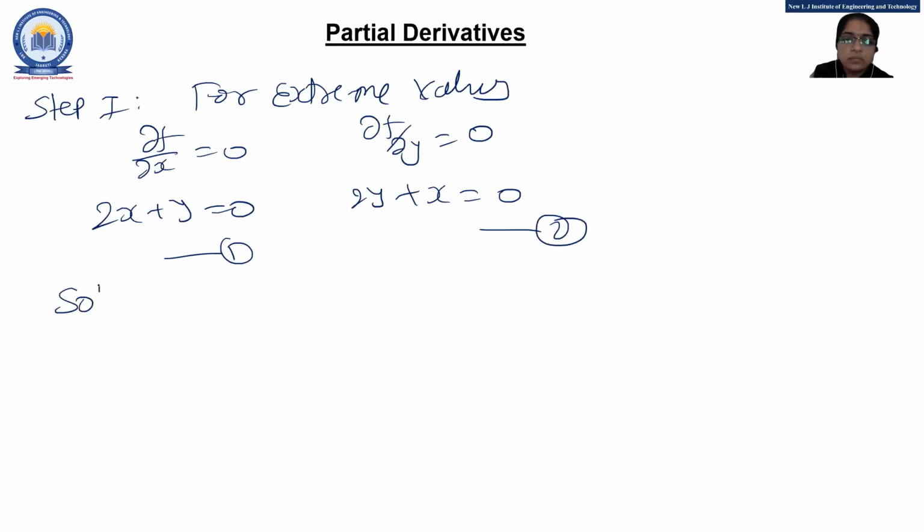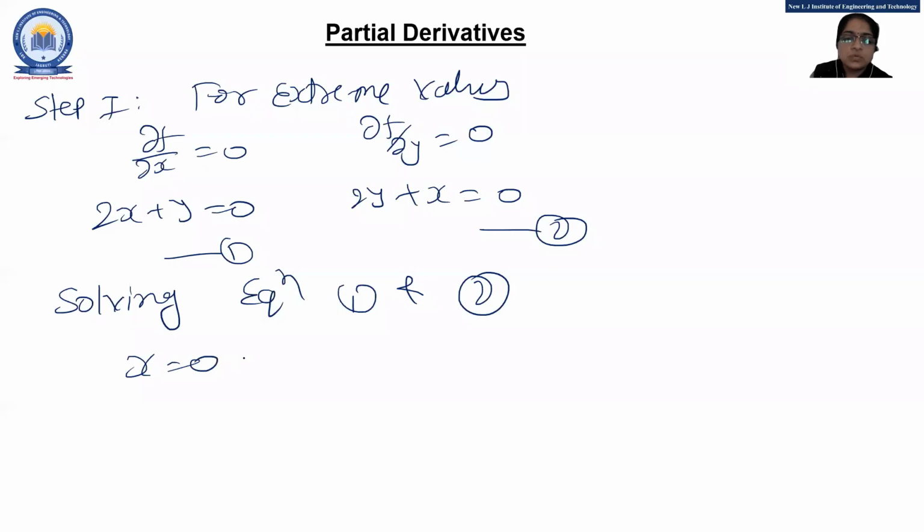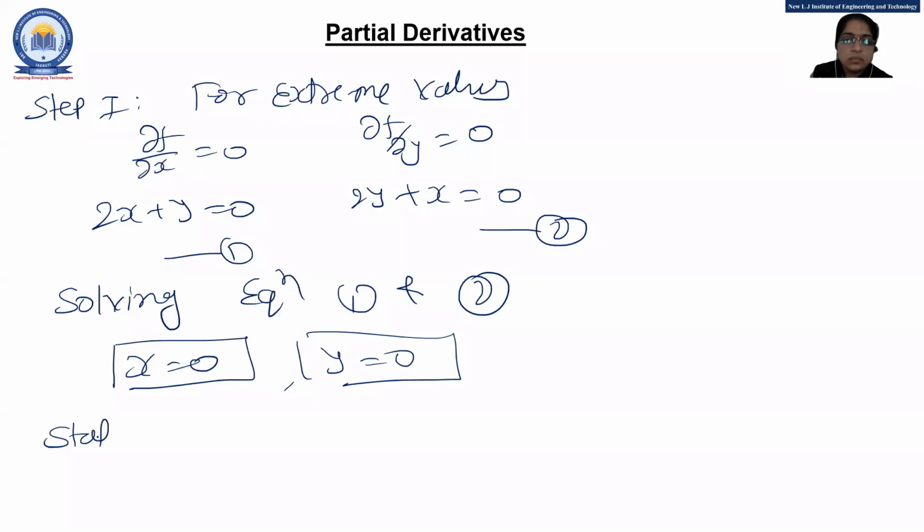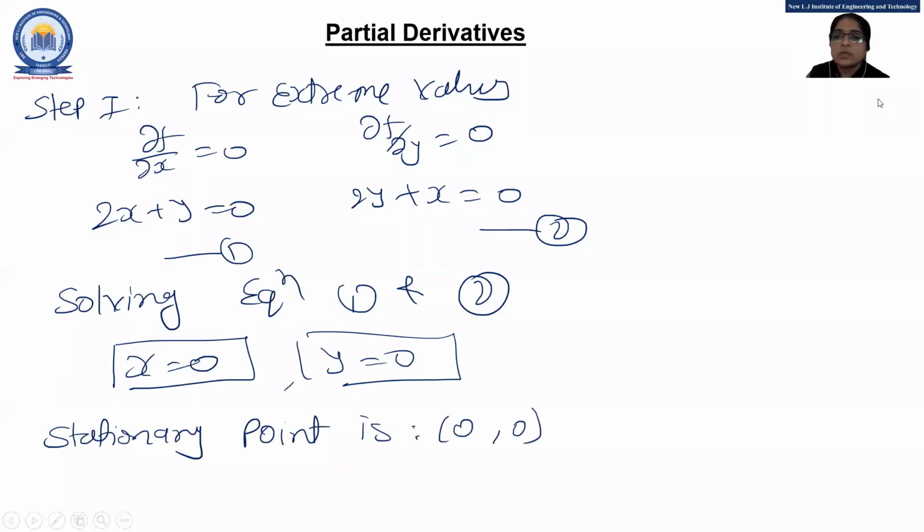By solving equations 1 and 2, what is the value of x and y? Yes, many students are giving the answer in the chat box, that is x equal to 0 and y equal to 0. So the stationary point is (0, 0).